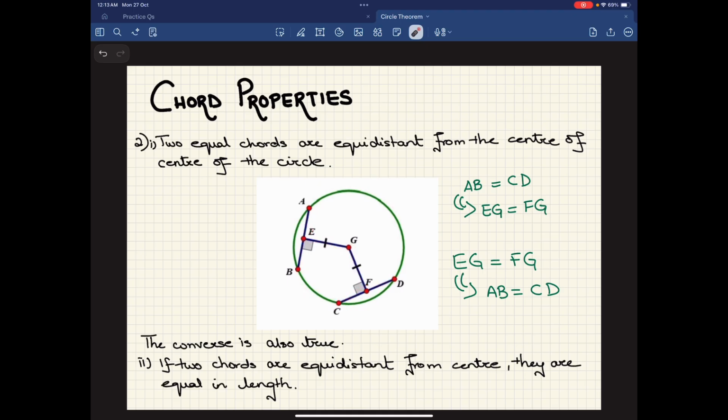Okay, so if AB equals CD, then we know that EG, where G is the center of the circle, and GF or FG, are also equal. So if two chords are equal, the distance of the chords from the center is also going to be equal.